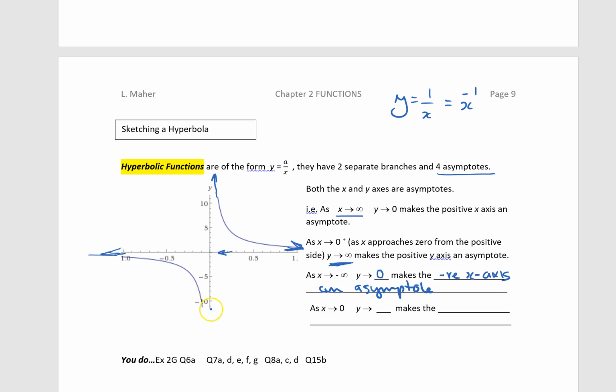And as x now heads back to 0 from the negative side, so x is coming here, what is the y value doing? The y value is going down here, and we would say that is negative infinity.